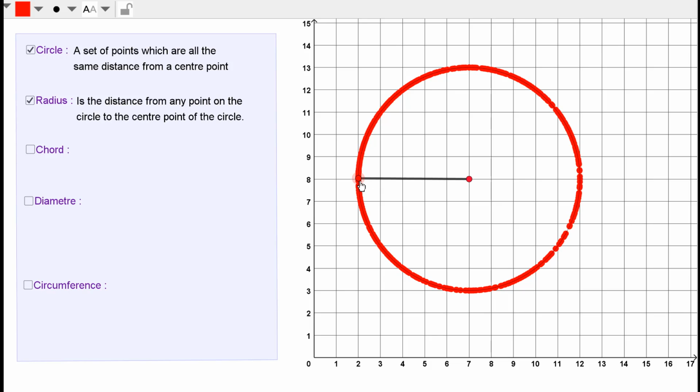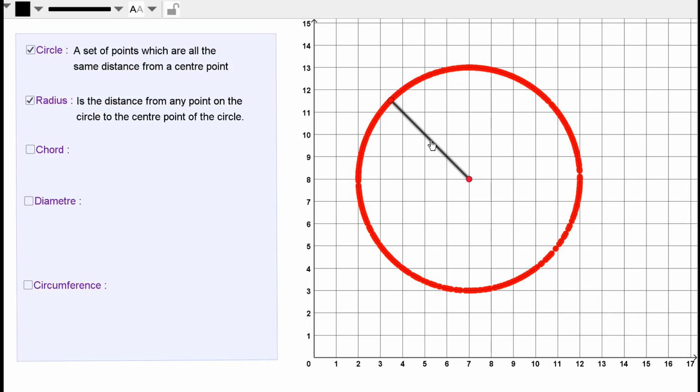So you see here, let's count: 1, 2, 3, 4, 5 units in length. Over here, it's 1, 2, 3, 4, 5 units in length. Up here, vertically, it's 1, 2, 3, 4, 5 units in length. So it's actually 5 units in length the whole way around.